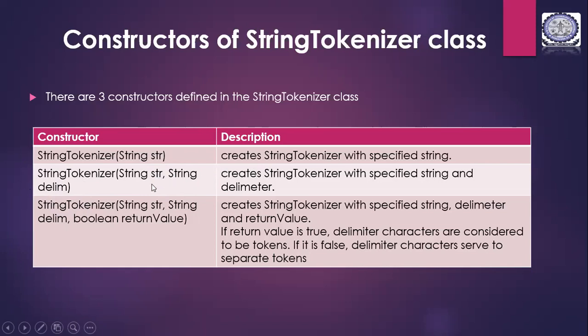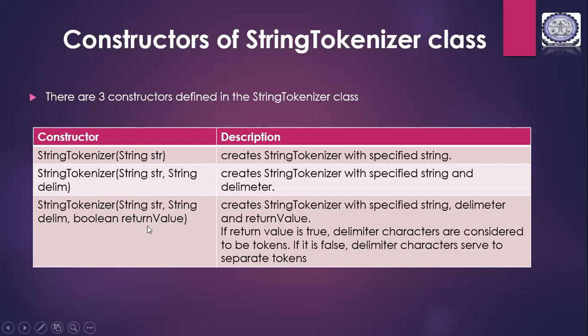Then there is StringTokenizer(String str, String delim, boolean returnValue). Here you see that there are three different arguments passed to the StringTokenizer constructor. Str here is the string, delimiter is whatever delimiter the user wants to specify, and the return value is a boolean data type.